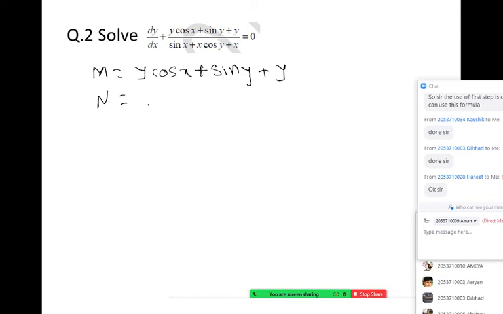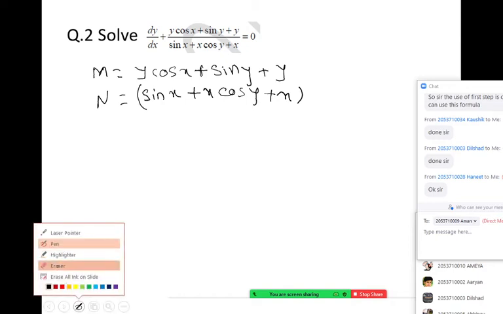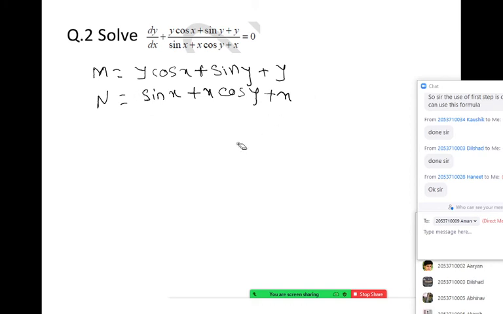Plus, because we have to take everything on one side. Both should be plus. The standard form, so no need to give a minus sign there.